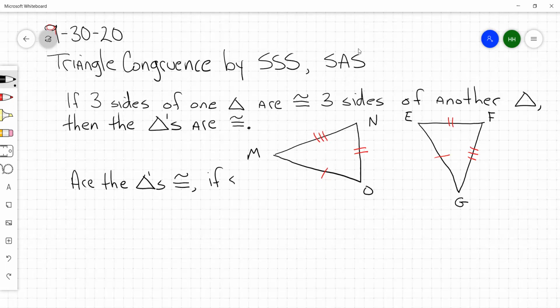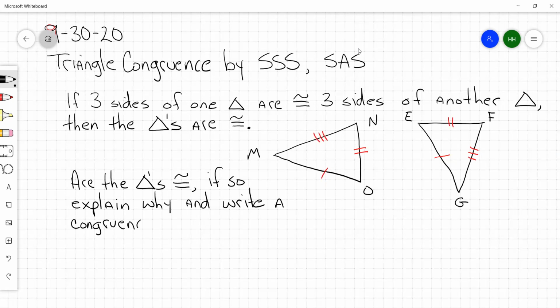If so, explain why and write a congruent statement.